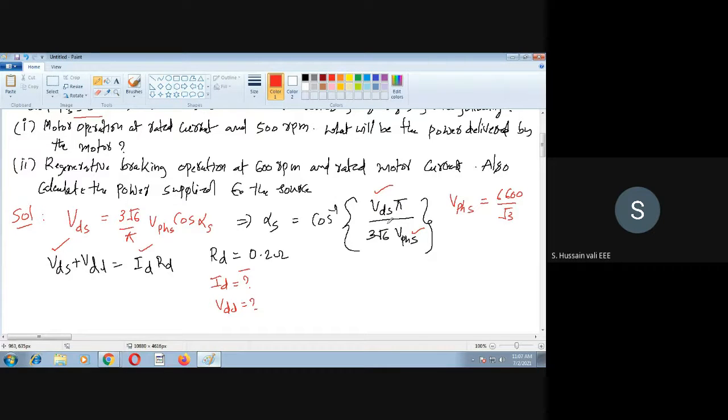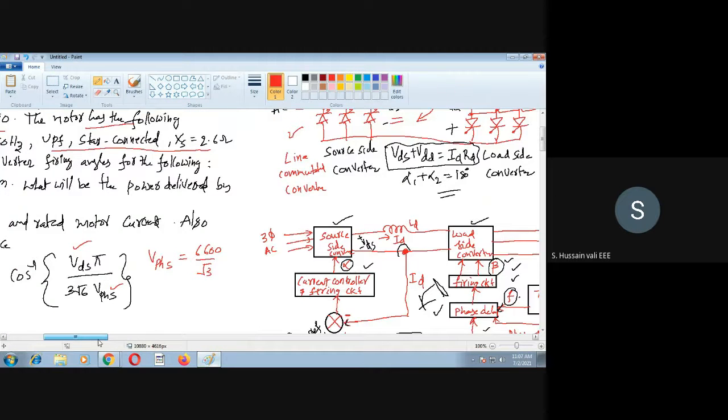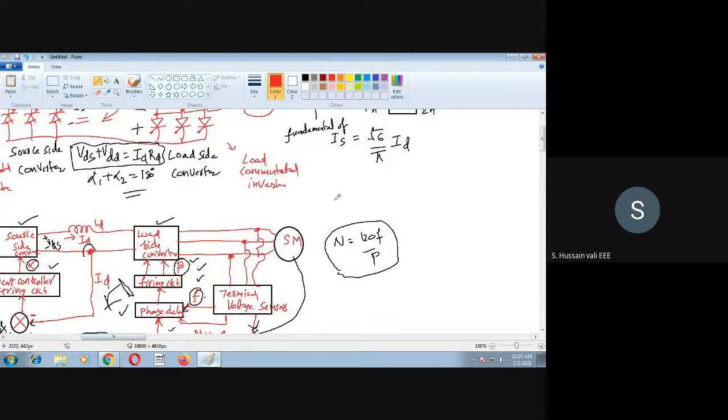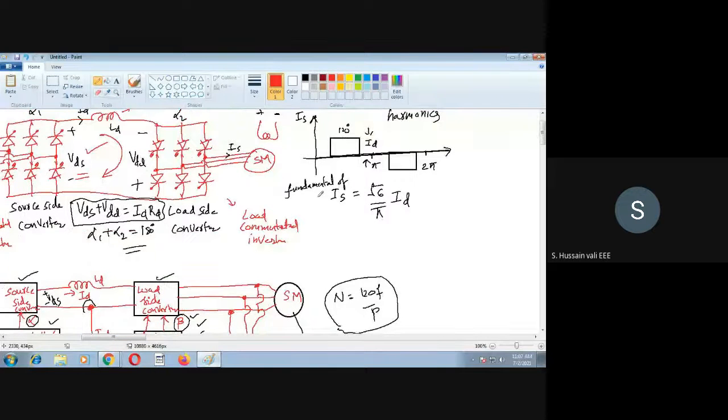Now, how do we proceed here? How can I find out ID? Then we will recall any equations we know for ID. Somewhere we may have, yeah, one equation we know here. Please see this equation. So we will only search the equations which are suitable here.